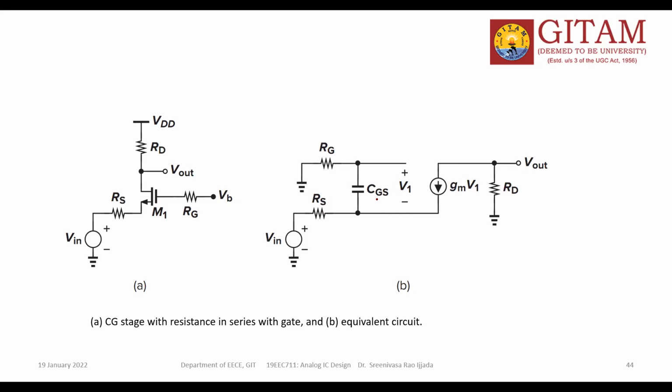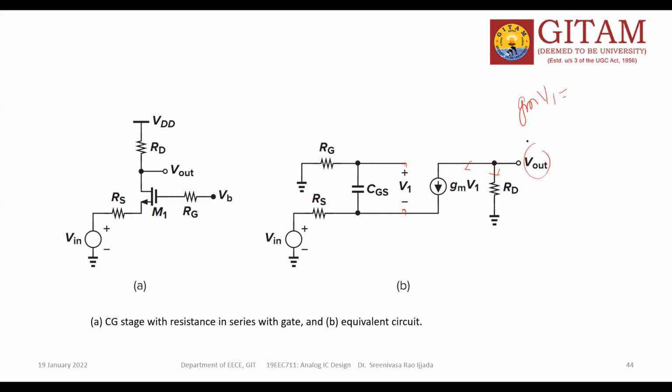So here, because of this open circuit, this current is equal to this current. That means I can say gm V1, that is the current, is equal to how much? This current. What is this current?